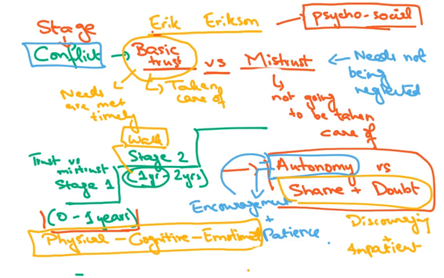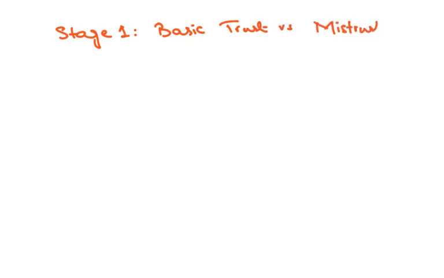So till this chapter, these are the two stages that we consider. Stage 1 is basic trust versus mistrust, and it spans from 0 to 1 years of age.